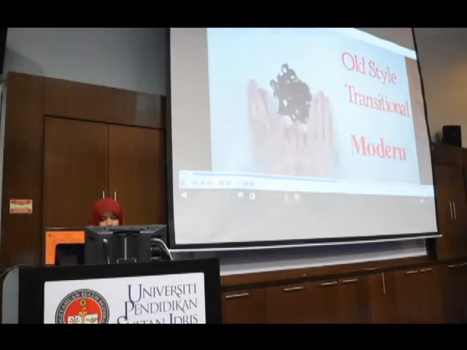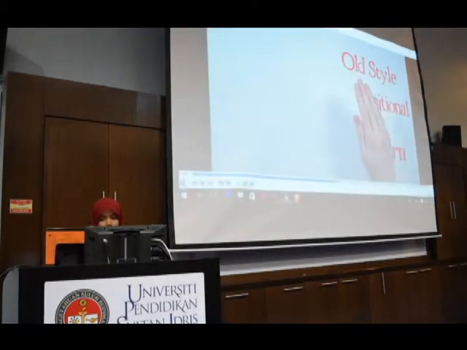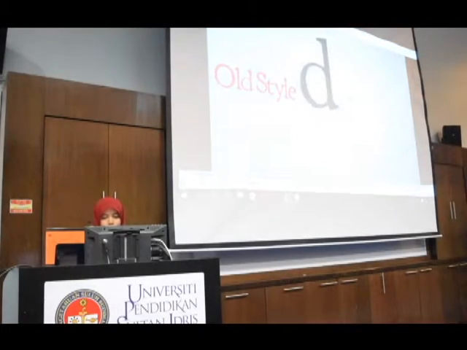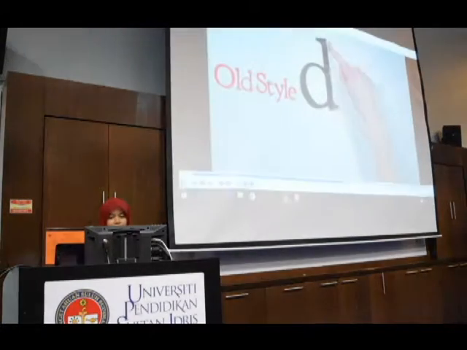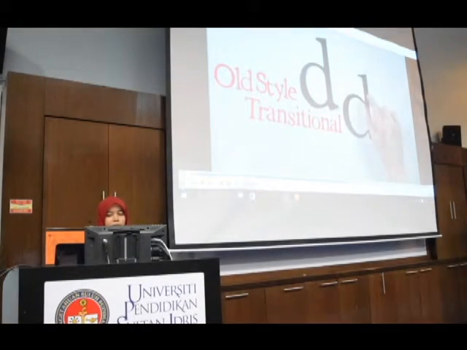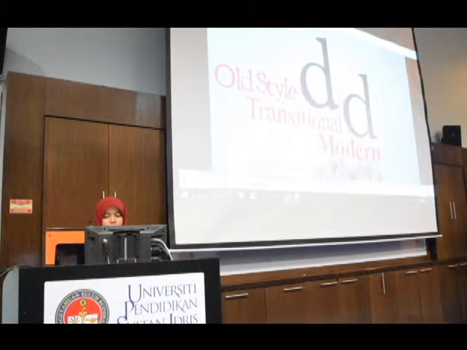Most serif typefaces fit into one of these three categories, but what does each category mean? An old-style typeface has letters that have thick serifs and low contrast between thick and thin strokes. A transitional typeface has letters with thinner serifs and a higher contrast. And a modern typeface has letters with very thin serifs and extreme contrast between thick and thin strokes.